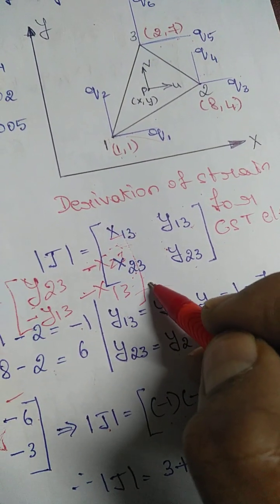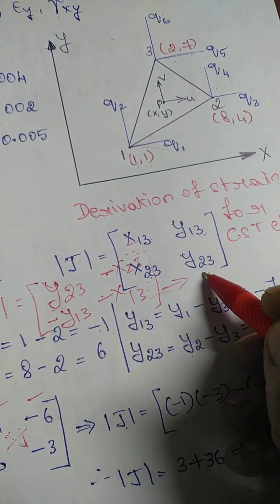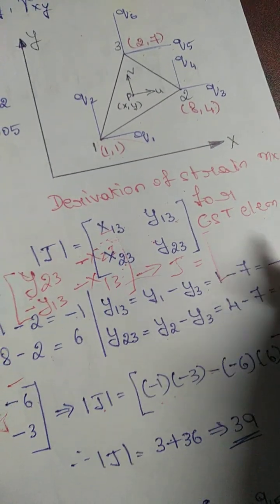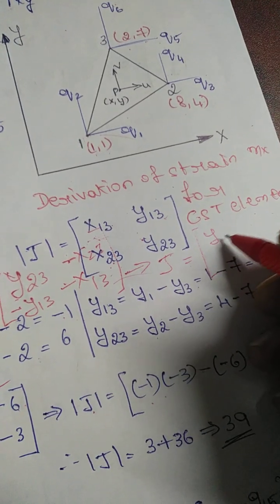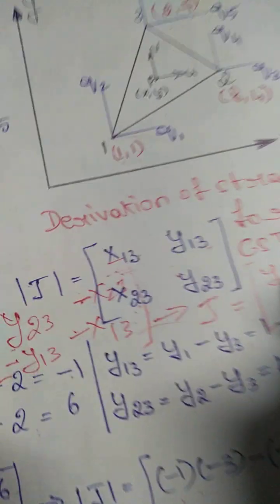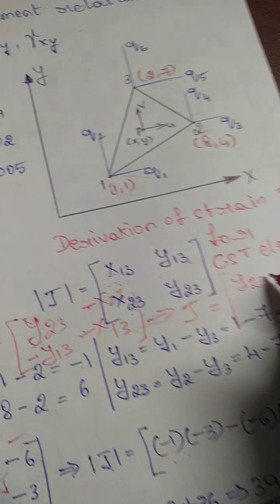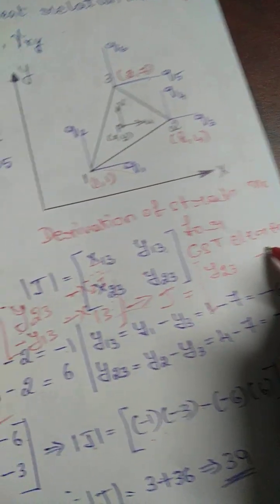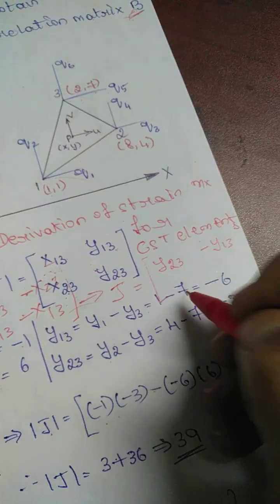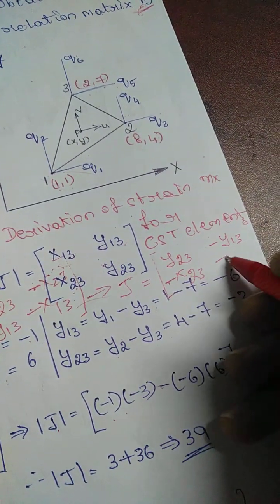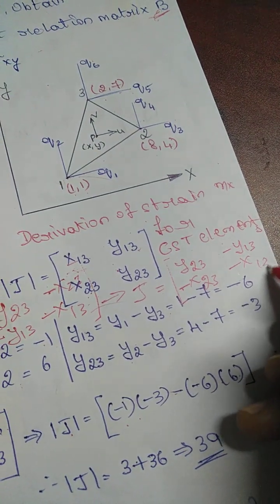After the cofactor, the adjoint of J will become, see, the adjoint will become y23, minus y13, minus x23, minus x13.